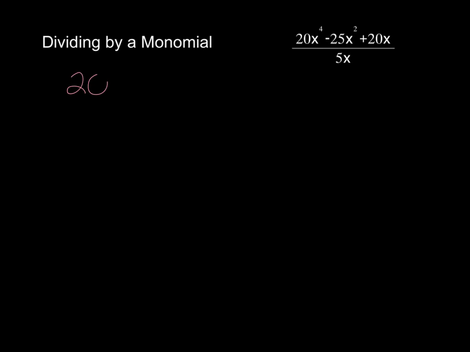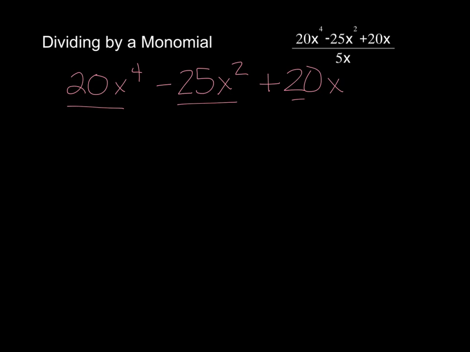We can just take each one of our terms, 20x to the fourth minus 25x squared plus 20x, by that monomial 5x, and then reduce each one of these individual fractions. Now I can do that because this is a monomial. I'm just breaking it up into several fractions.